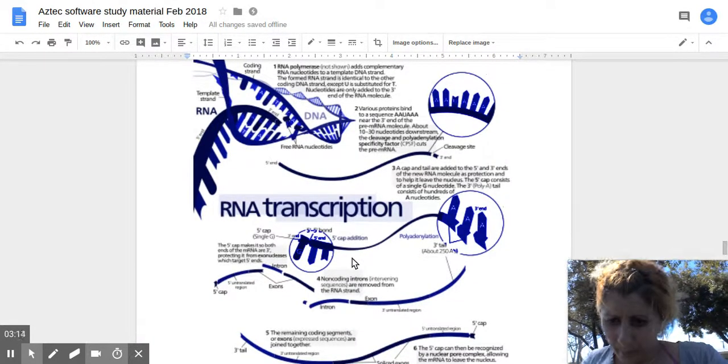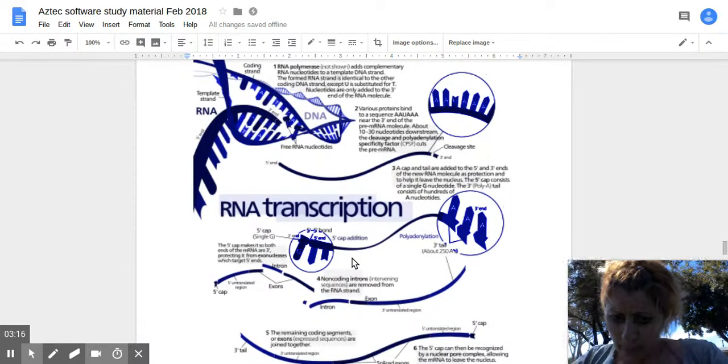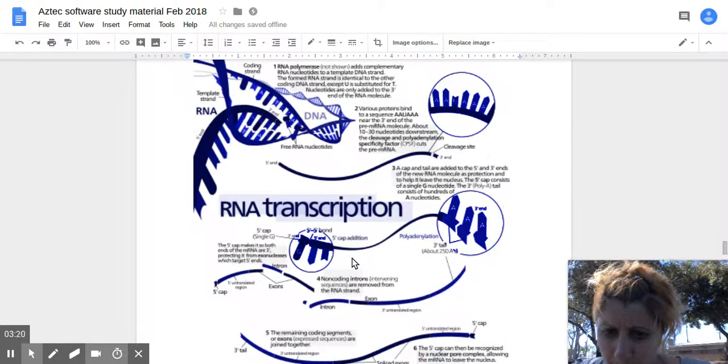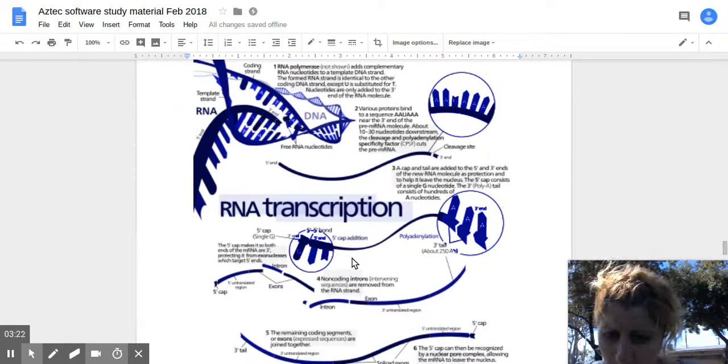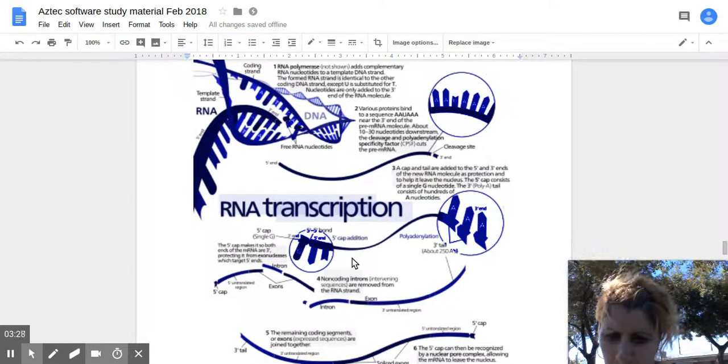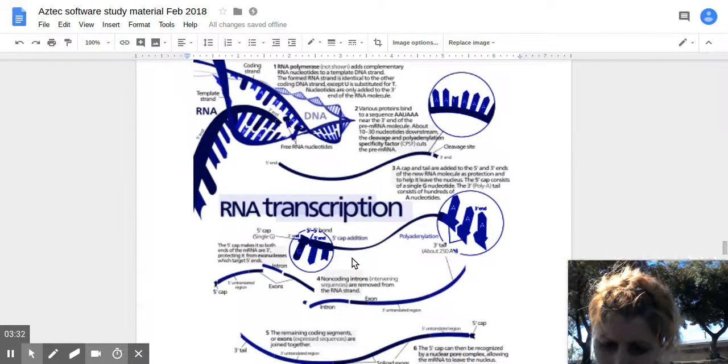The 5' cap makes it so that both ends of the mRNA are protected from nucleases, which target the 5' ends. Also, there are introns and exons inside.